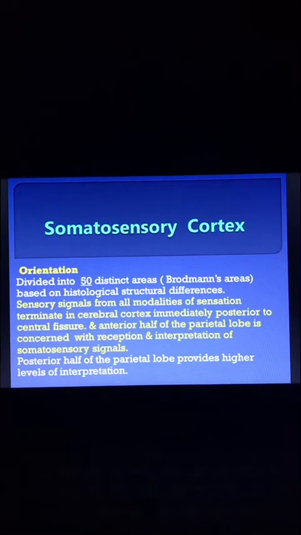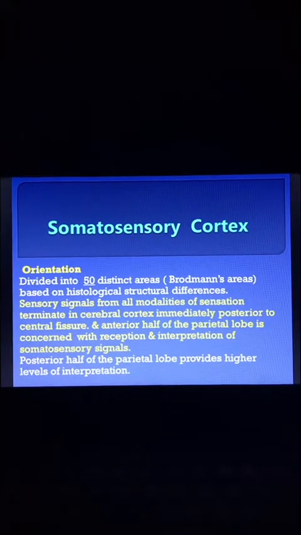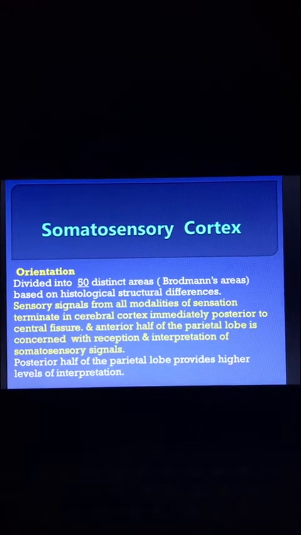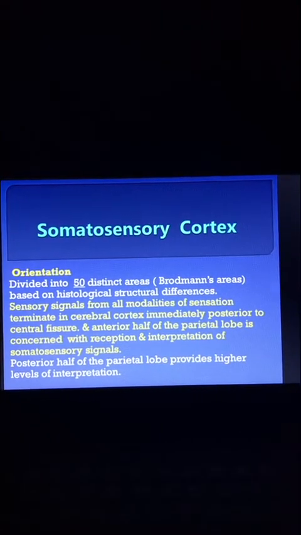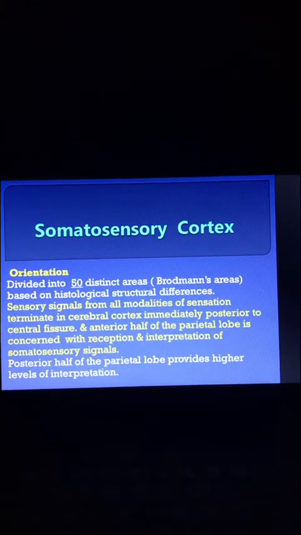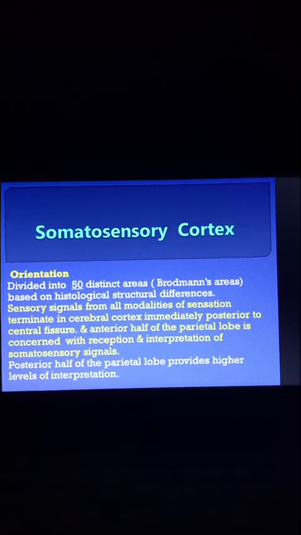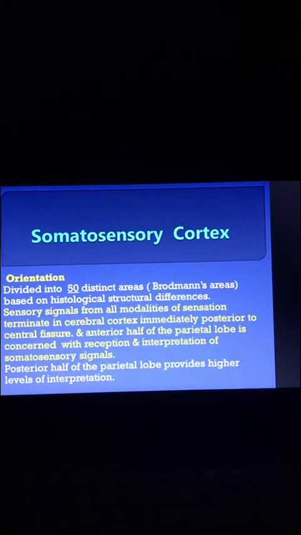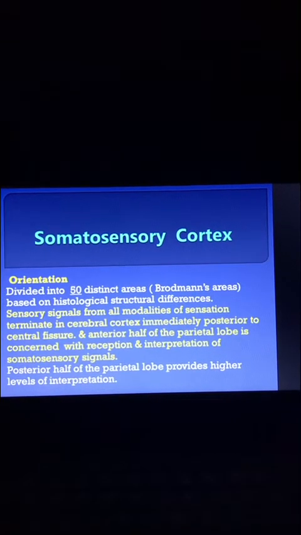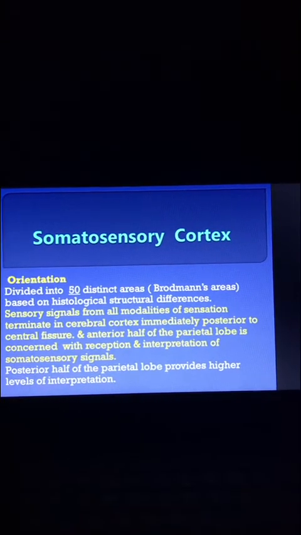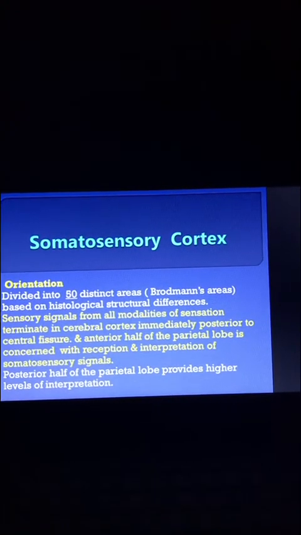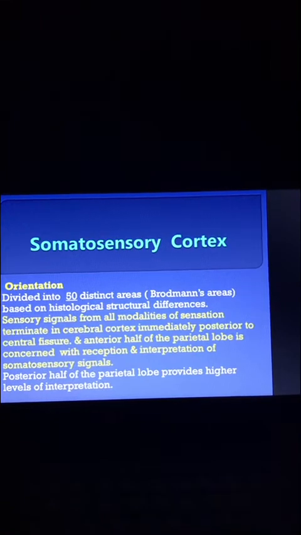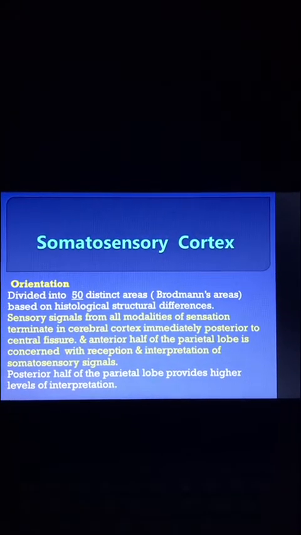The sensory signals from all modalities of sensation terminate in the cerebral cortex immediately posterior to the central fissure. The anterior half of the parietal lobe is concerned with reception and interpretation of somatosensory signals. The posterior half of the parietal lobe provides higher levels of interpretation.